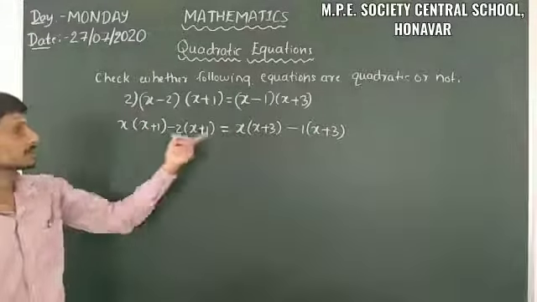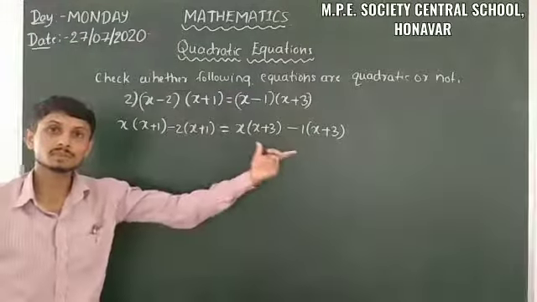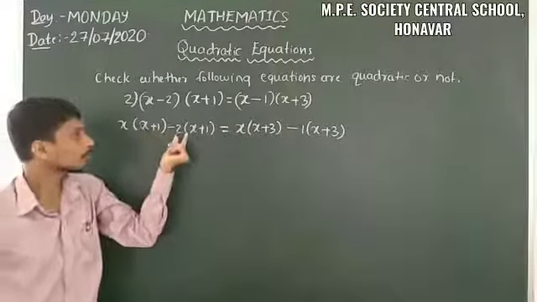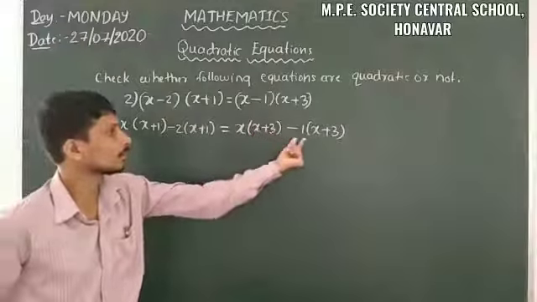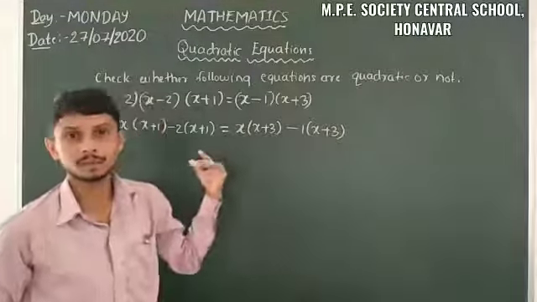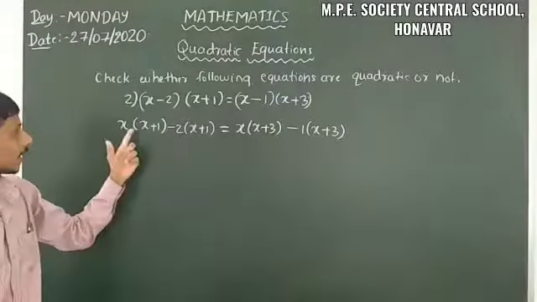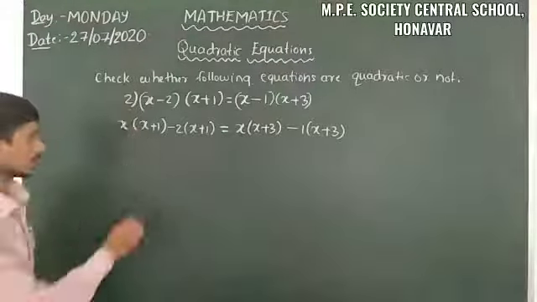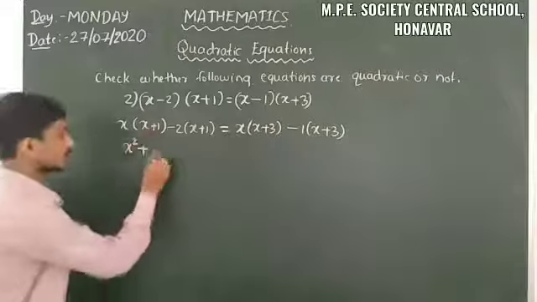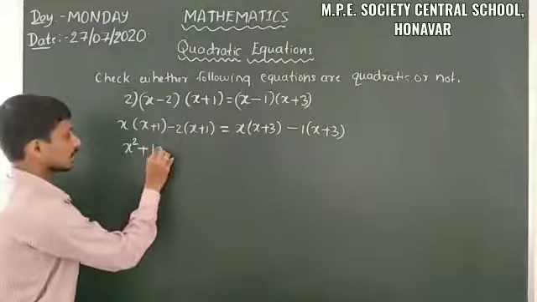After that, every term becomes a multiplication of a monomial and a binomial. After that we have to multiply monomial and binomial like that. So here x into x square, plus here 1 into x, I will take 1x.